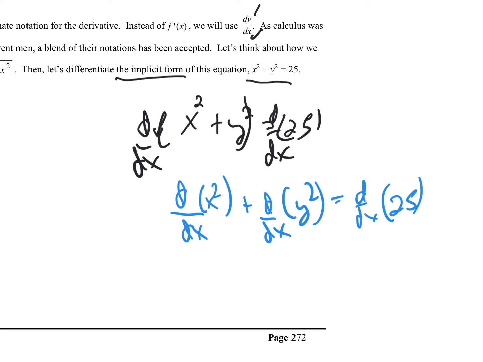When you do the derivative with respect to x of x squared, it looks like this. Just a plain 2x. But internally, it was the derivative of x with respect to x. I end my answer with the derivative of x with respect to x.